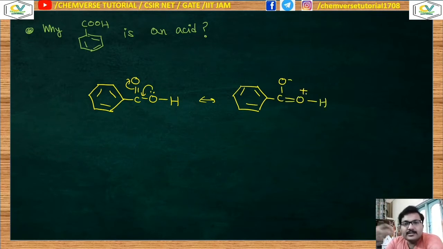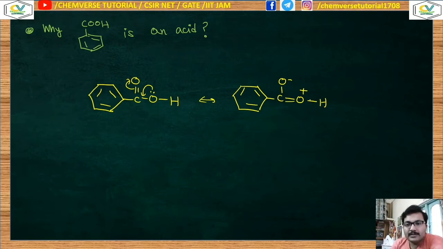Now when this kind of resonance, this kind of conjugation, is occurring over here, you can see that this oxygen is positively charged and it is not a stable situation for oxygen. So it will fire one H plus; a proton will be removed.